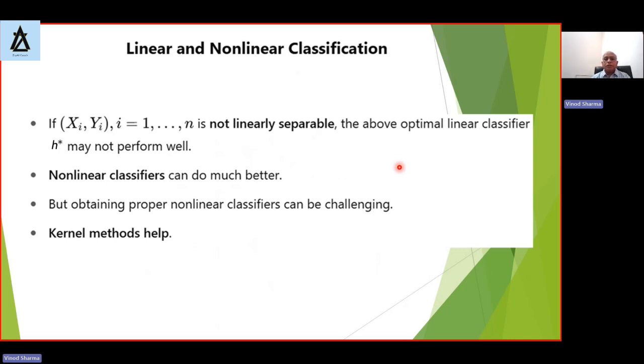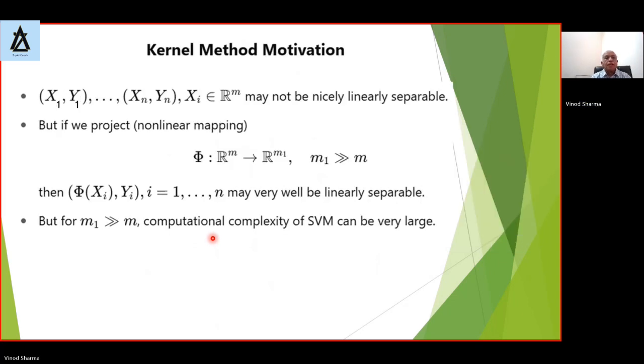But the problem is getting a good, proper nonlinear classifier, which will classify the training sequence properly and also perform well in general. So to address this problem of getting good nonlinear classifiers, which can be computationally obtained easily, we use the method of kernels, which is what we will explain below.